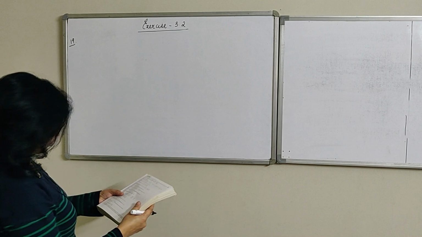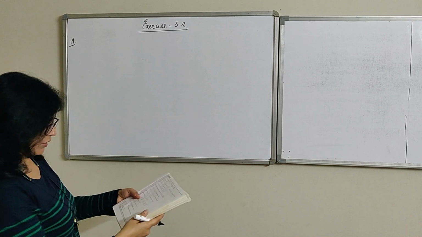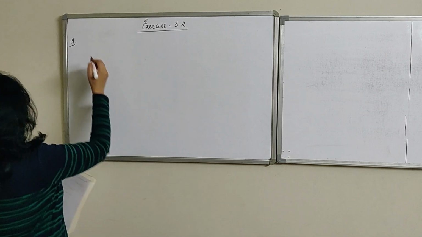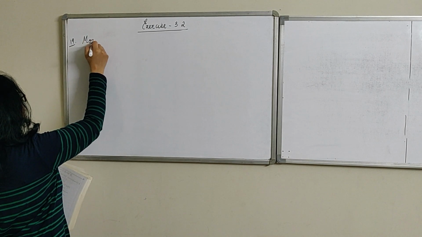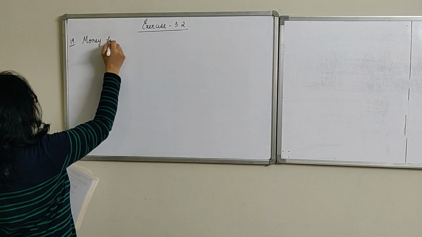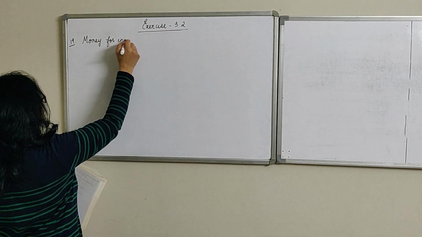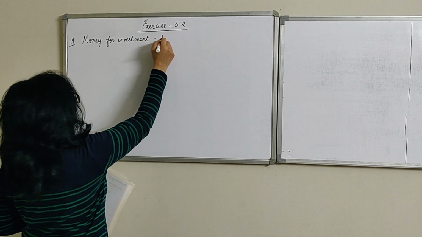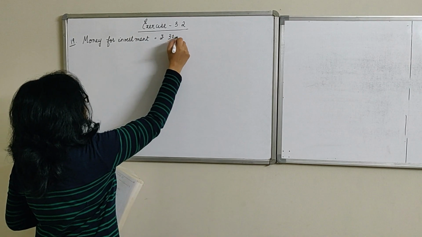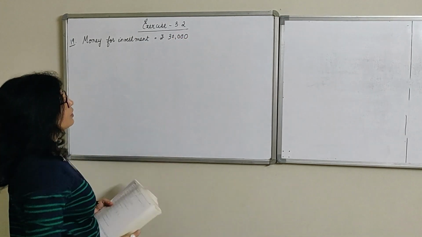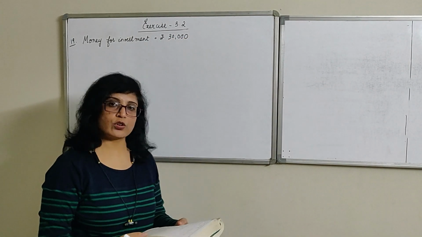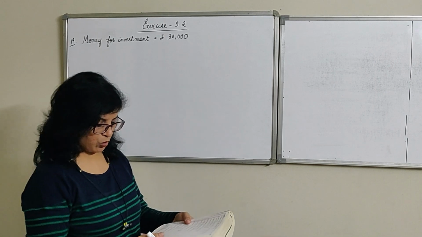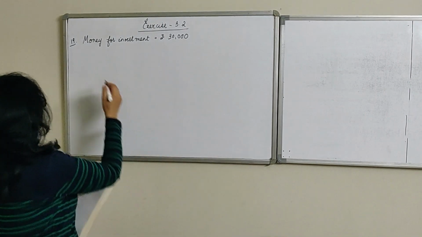A trust fund has rupees 30,000 that must be invested in 2 different types of bonds. So the money for investment is rupees 30,000. The money is to be invested in 2 different kinds of bonds. The first bond pays 5% interest per year.